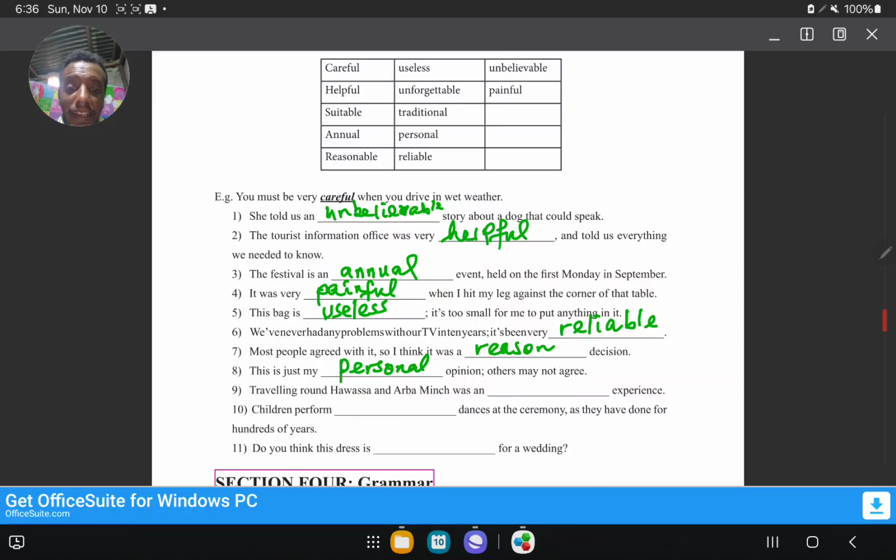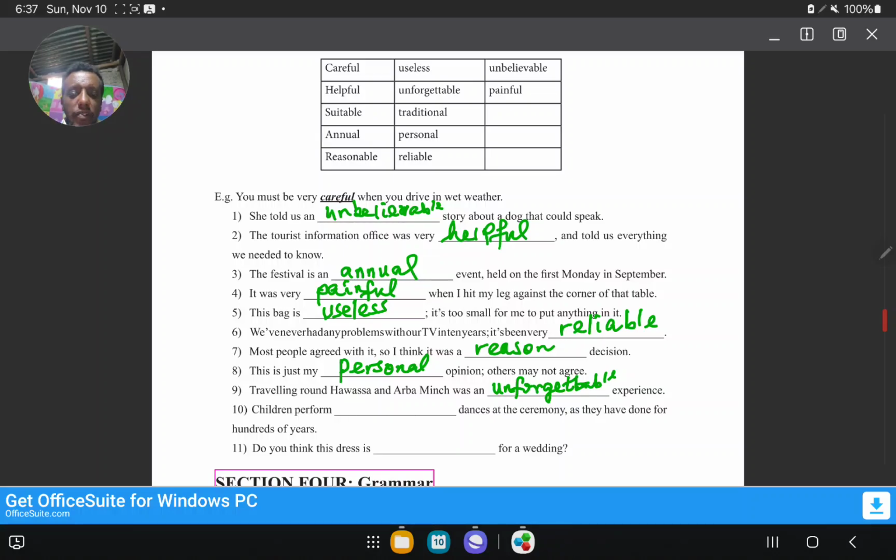Traveling around Hawassa and Arbaminch was a dash experience. What is the right answer to you? Unforgettable. Question number 10.